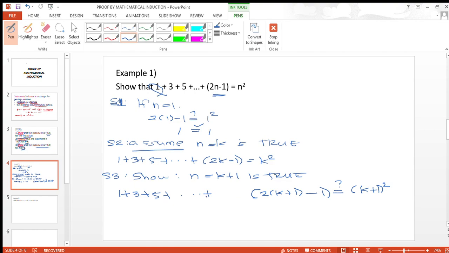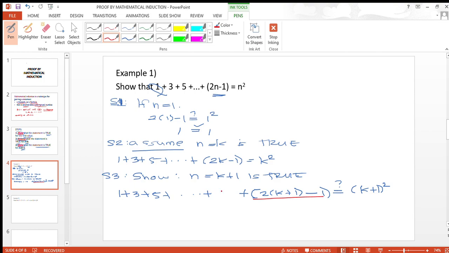If you notice here, I placed a space because of what we will be doing. Let's just go back here. Remember that this is for n equal to k plus 1. In the previous step, we considered n equal to k. Remember, k and k plus 1 are numbers in the set of natural numbers.